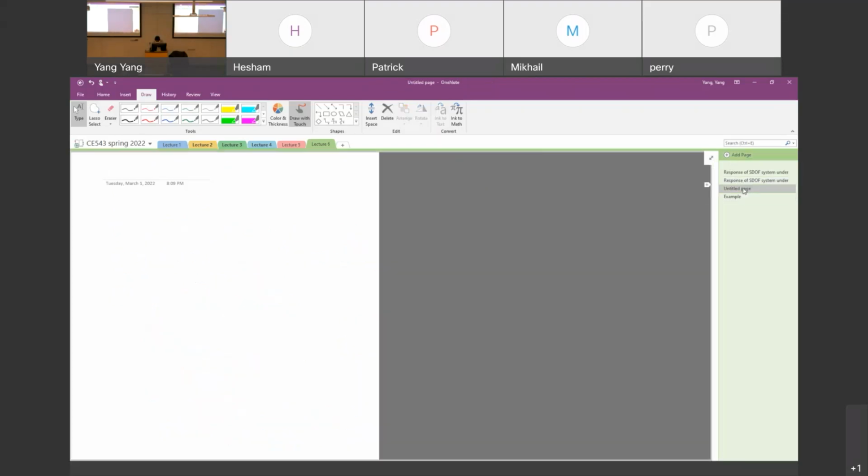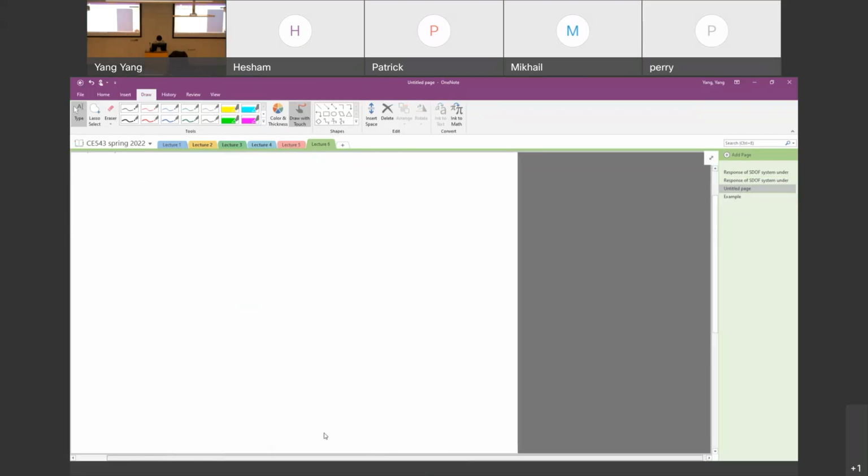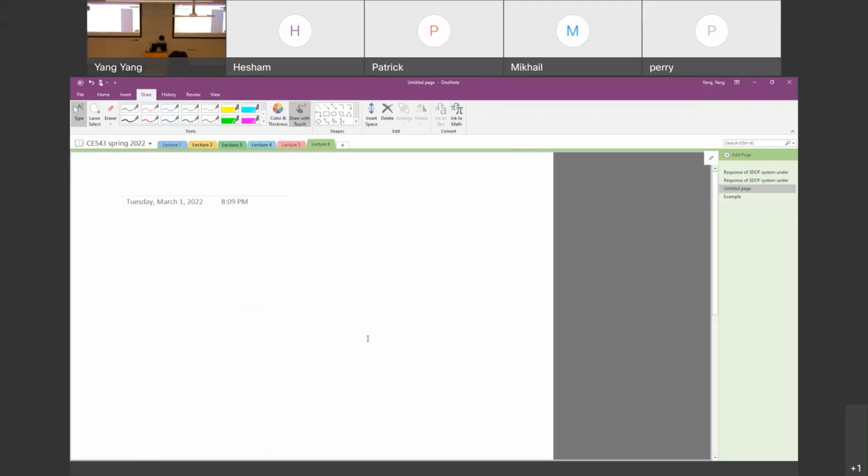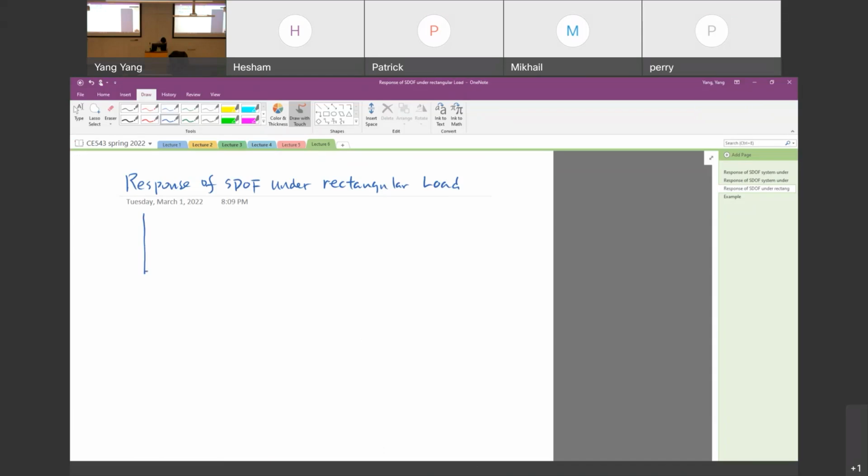We have a rectangular load here and we look at the response.